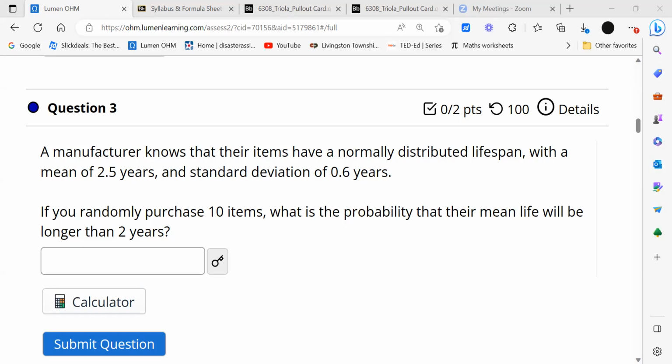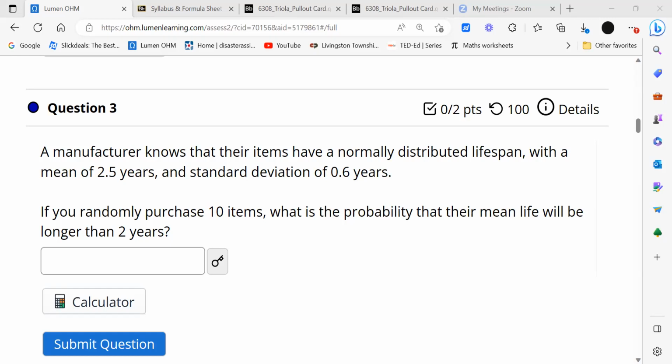So first of all, you draw the bell curve. Put down the mean, 2.5, the population mean. And then this sample mean here, this is what we call the sample mean, 2 years. We're comparing the sample mean to the population mean. And because it's longer than 2 years, that means we want the area to the right. So do the conversion first.